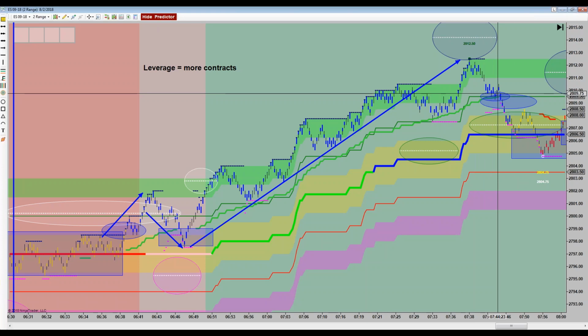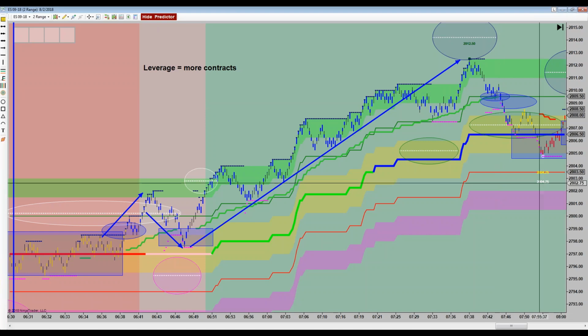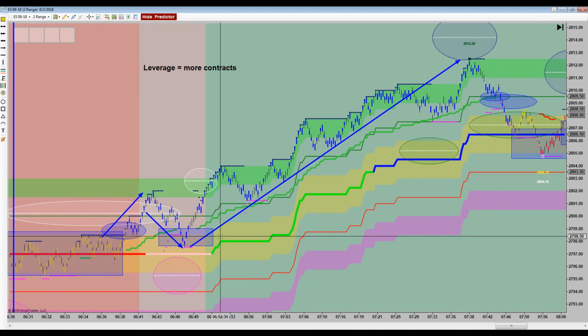So that is 10 and a half points, right? 10 and a half times 4 is 42 ticks. 42 ticks times 12.50 a tick is how much?